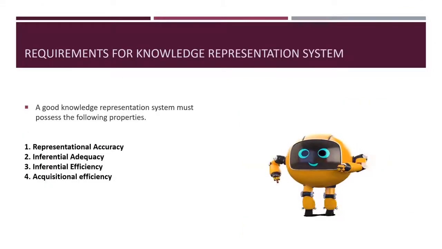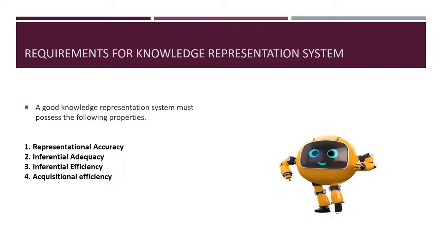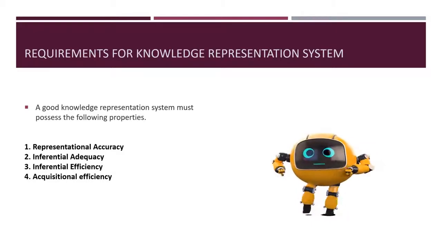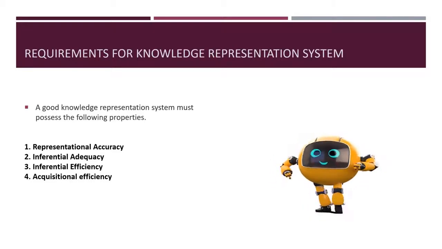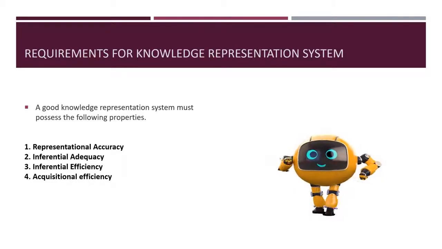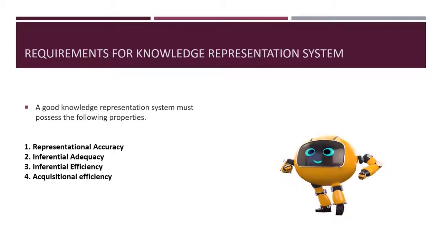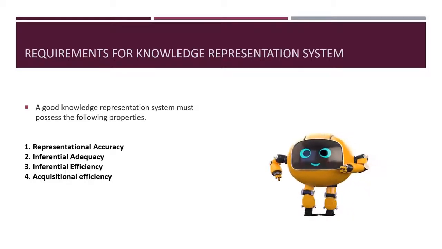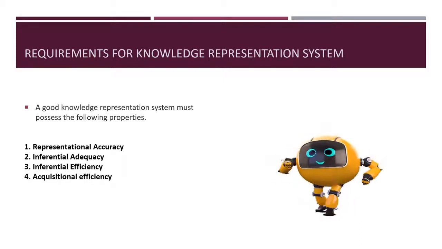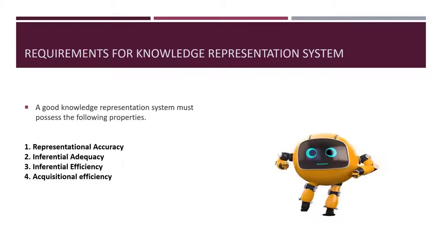And the next one is the requirements for a knowledge representation system. A good knowledge representation system must possess these four properties. The first one is representational accuracy. The system should have the ability to represent all kinds of knowledge that are required. The second one is inferential adequacy. The system should have the ability to manipulate the representational structures to produce new knowledge corresponding to the existing structure.